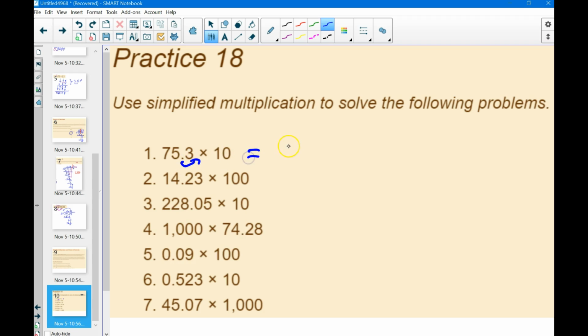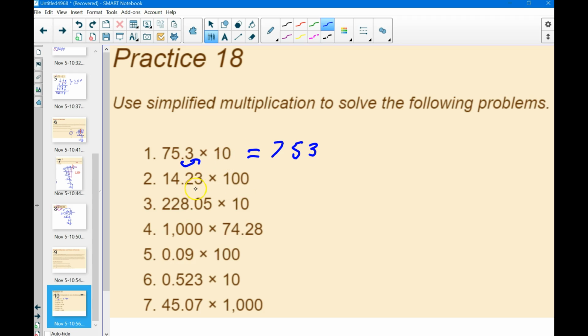So this equals 753. The easy way to think about it is, there's 2 zeros, move 2 places; 1 zero, move it 1 place.